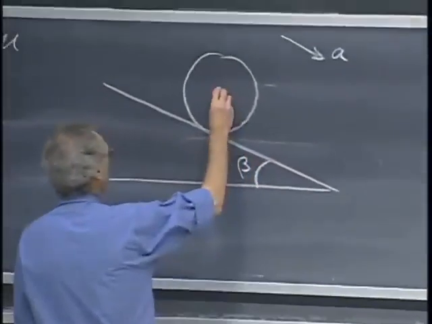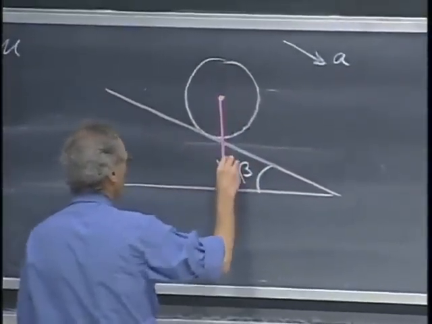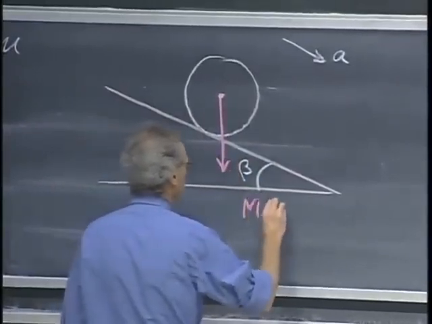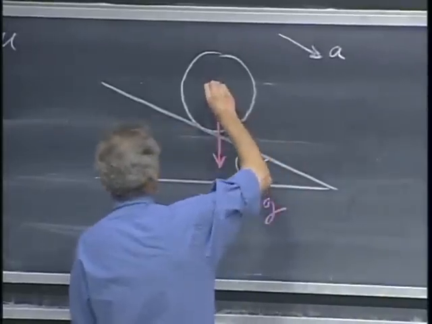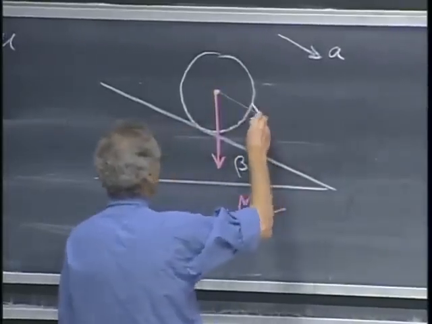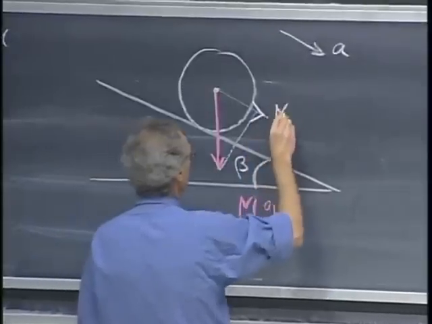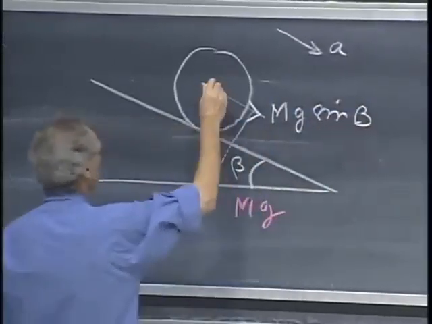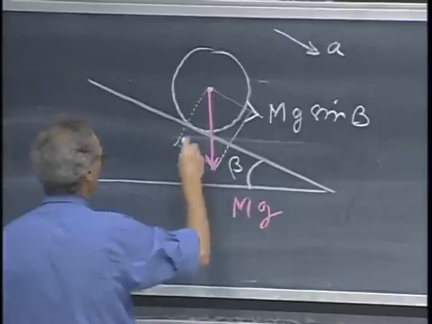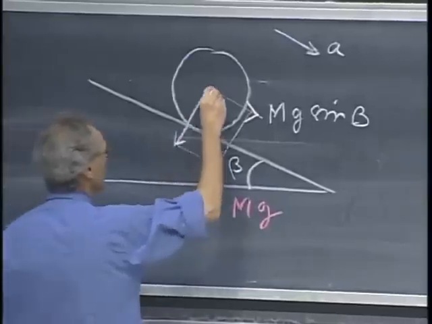Okay, let's put all the forces on this object that we know. This one is mg. And we're going to decompose that into one along the slope, which is mg sine beta, and one perpendicular to the slope. We have done that a zillion times now.